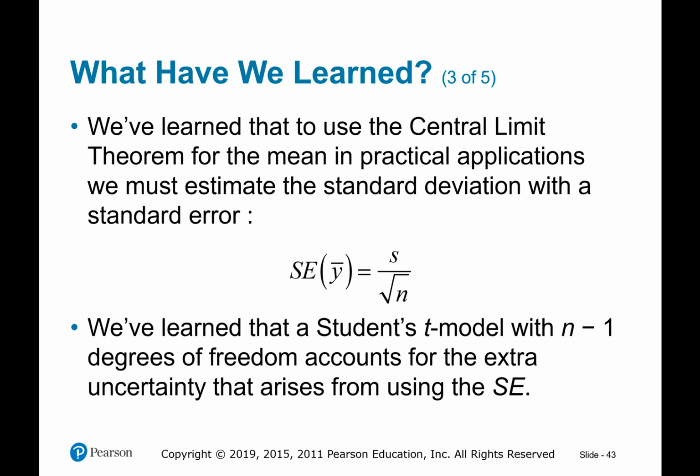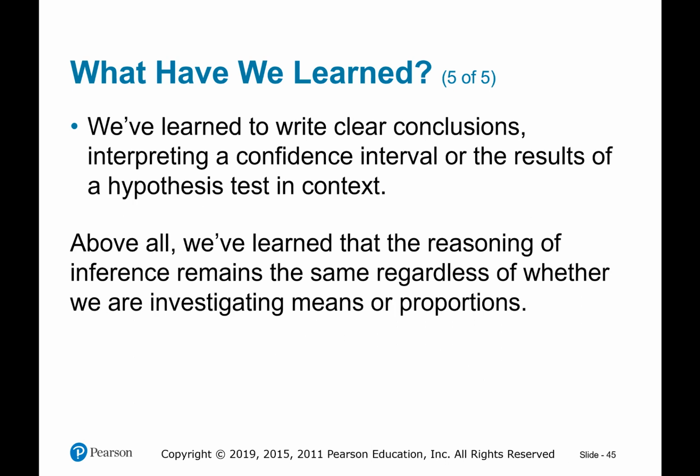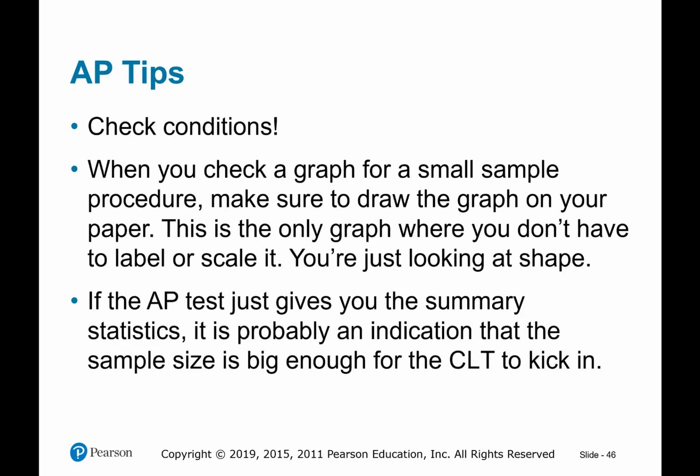And again, our central limit theorem, our standard error, degrees of freedom. Pretty much the same things that we did before, but again, slightly different model. All programmed in your calculator, you should be fine.